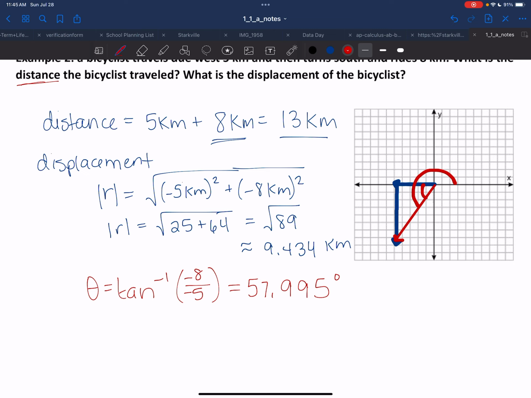That's on the inside. So in that third quadrant, that's the full 180 that's here plus that 57.995. So if I add 180 to that, it's going to give me 237.995 degrees.